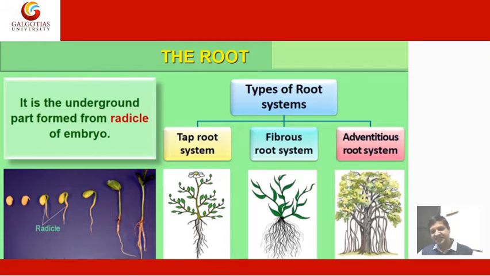First is the tap root system. You see in the image which type of root system. Then the fibrous root system and the adventitious root system. Examples of all three are also given here, so you will easily understand the basic difference between the tap root, fibrous root and adventitious root systems.